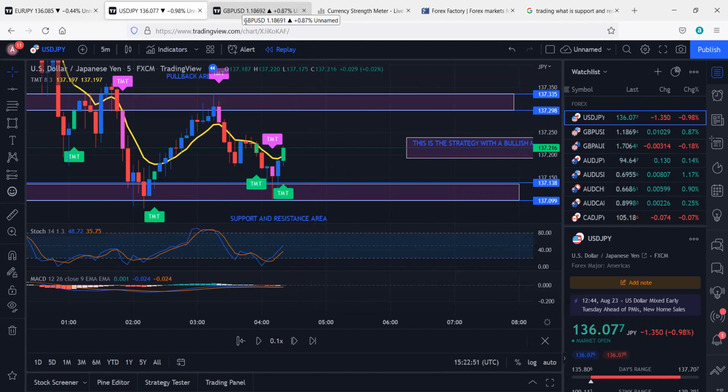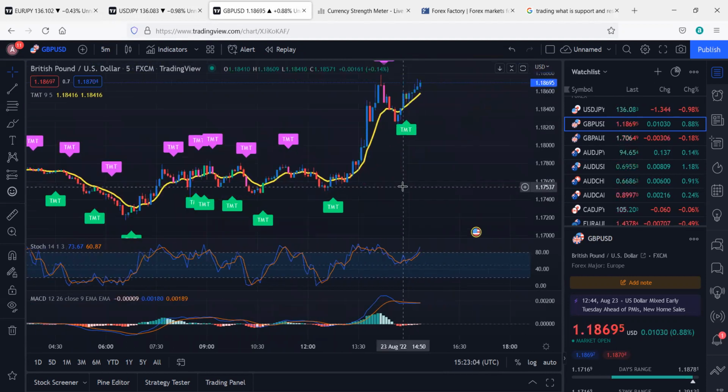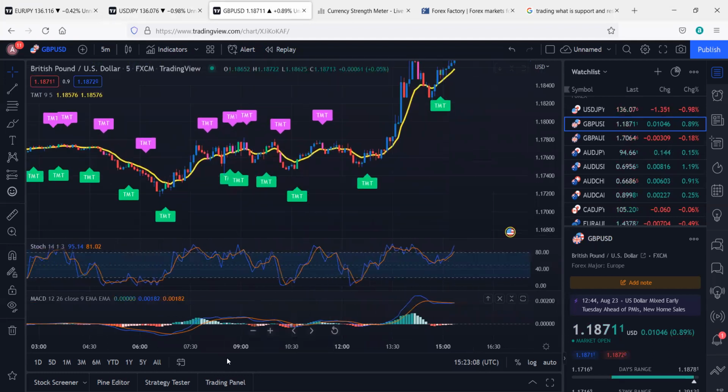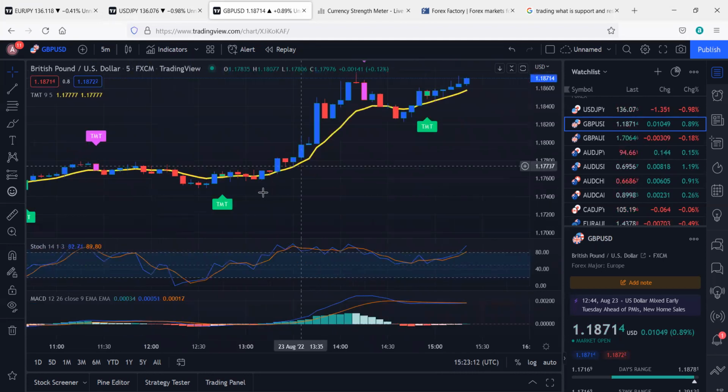Now, ladies and gents, now that we have covered how my support resistance works with a bullish market and a bearish market, I will present to you in a short, simple way how TMT 2.0 works. So, ladies and gents, here, I'll begin with the basics. You may ask, what are these candles? Why are they purple, green, red, blue?